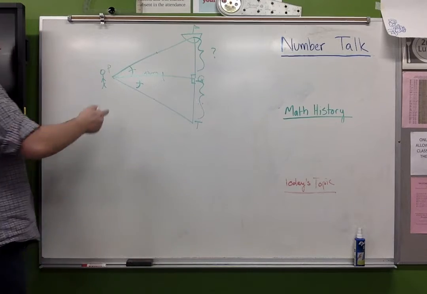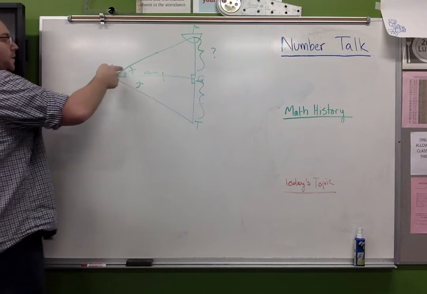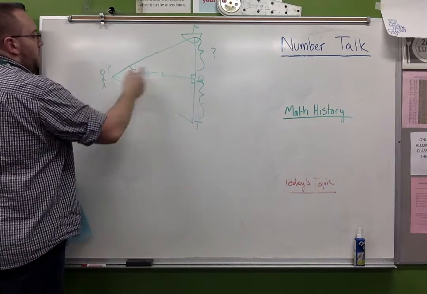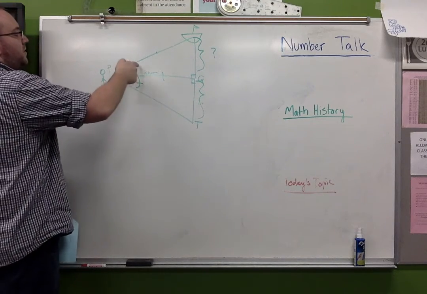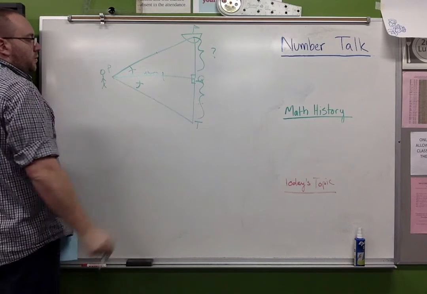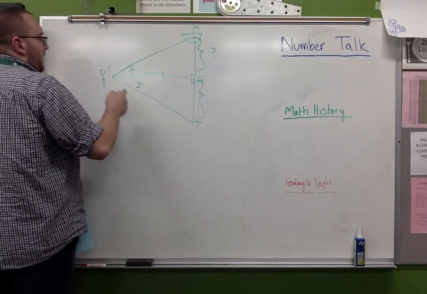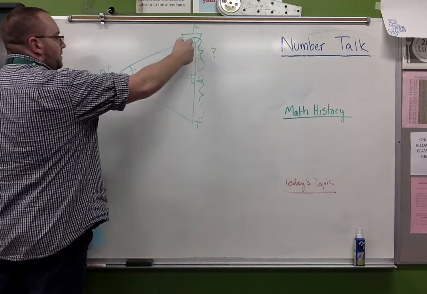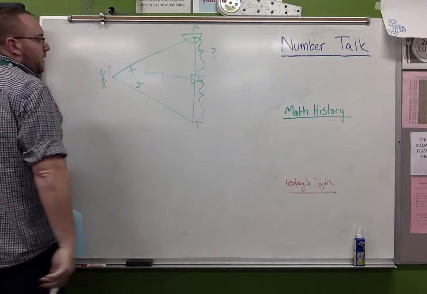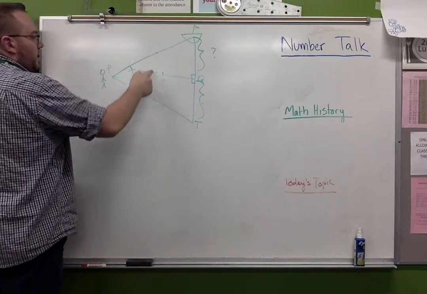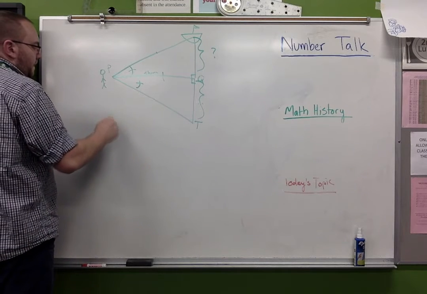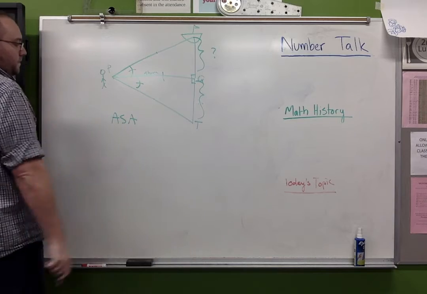Well, they are congruent because angle TPQ or QPT, whichever one you want, is congruent to this angle that he sighted. The shoreline is congruent to itself, and angle PQ boat is congruent to angle PQT because they're both 90-degree angles. So these triangles are congruent to each other by angle side angle.